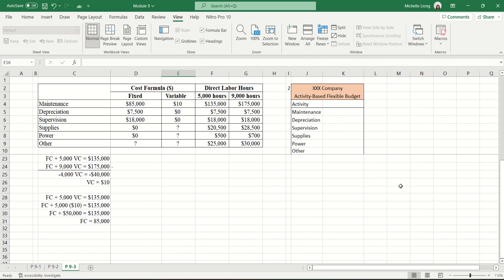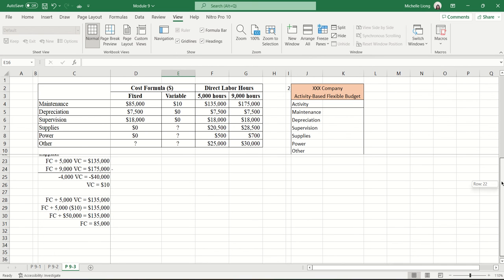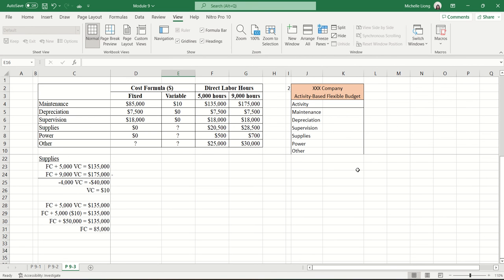Okay, so for supplies, right here, we can see that they only require the variable cost. So we can say the fixed cost is 0.